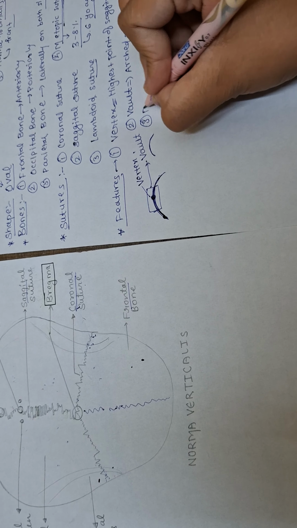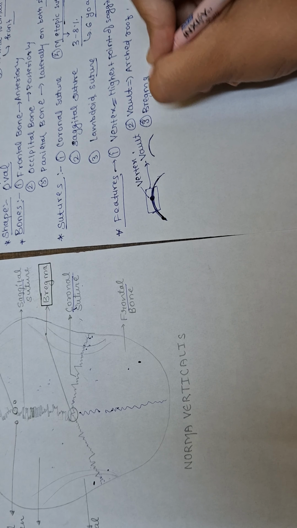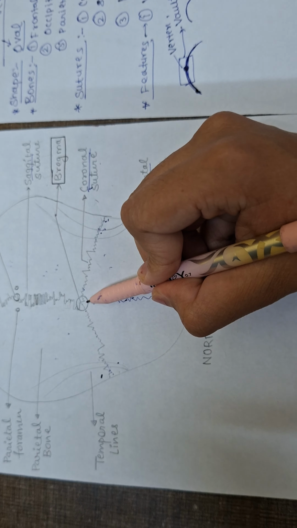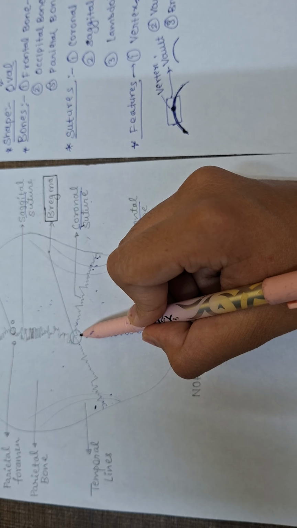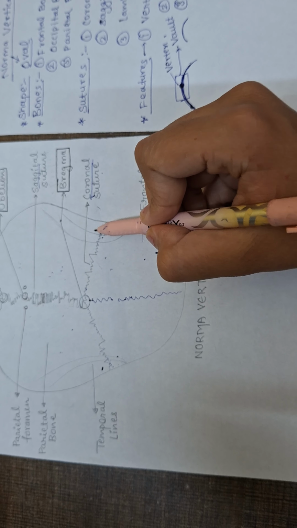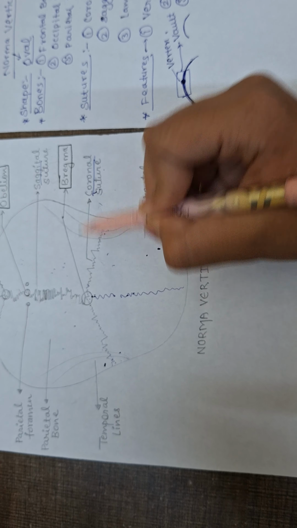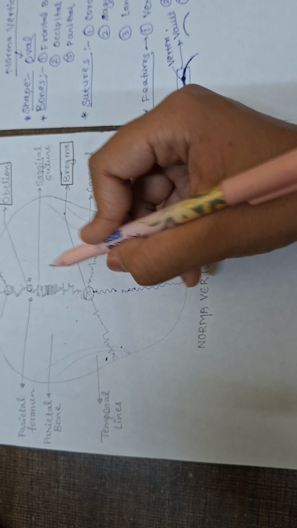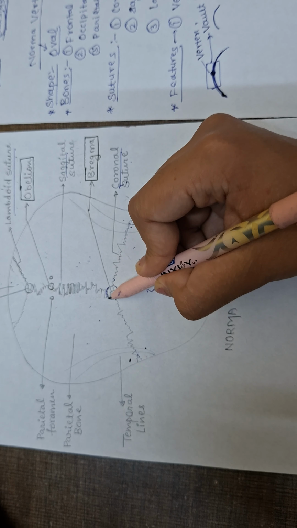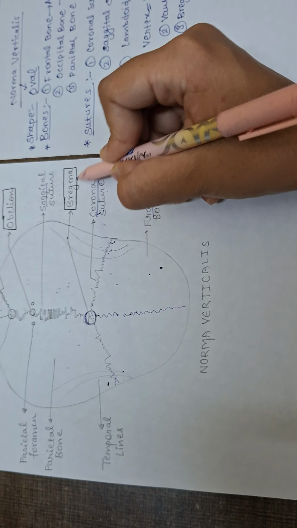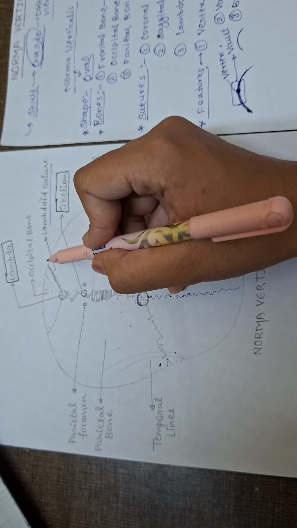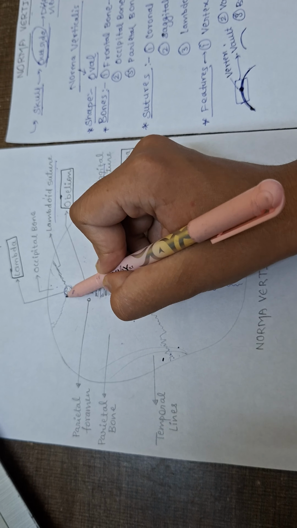Then we have the bregma and the lambda. The bregma here is this. The bregma is the meeting point of two sutures. Here you can see the coronal suture and the sagittal suture. The point at which they meet is known as the bregma. Then we have another point, which is the lambda.